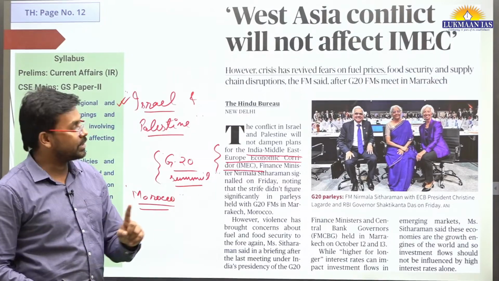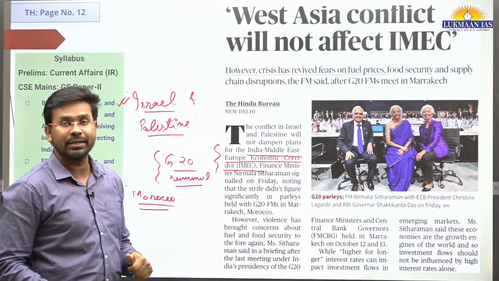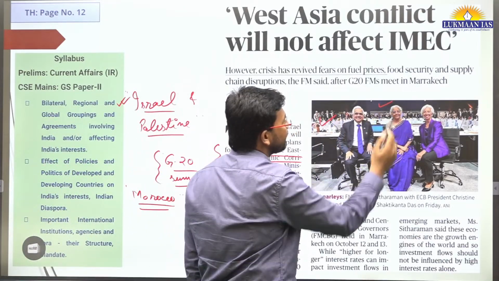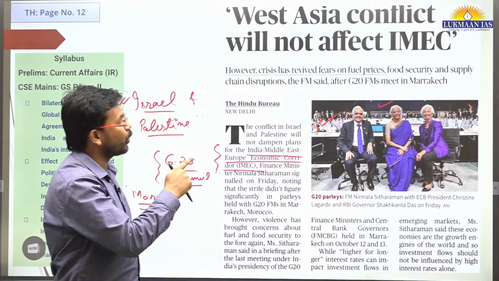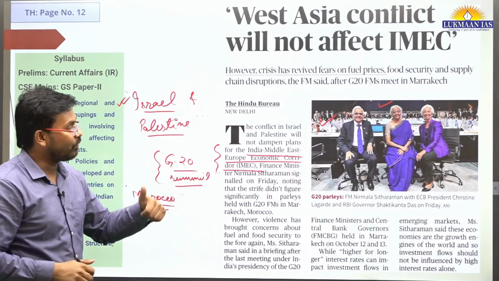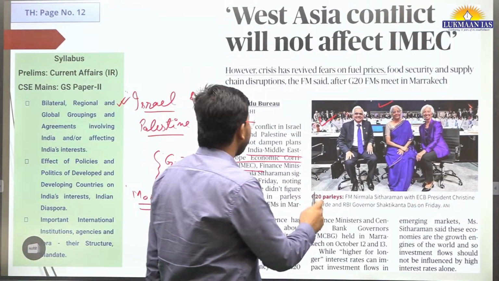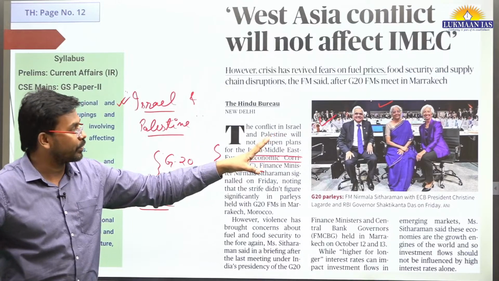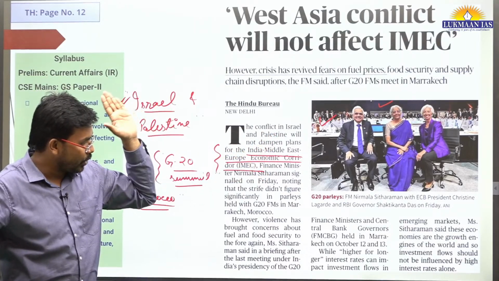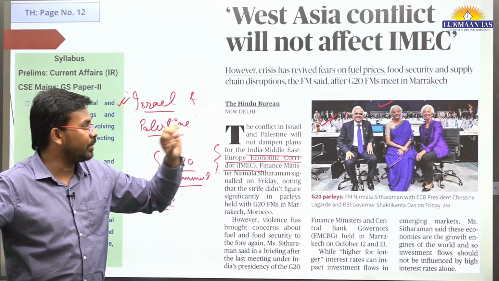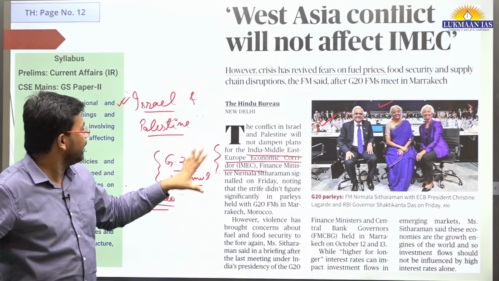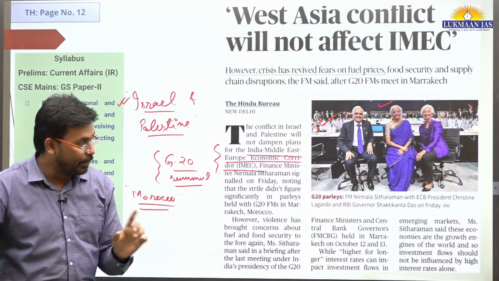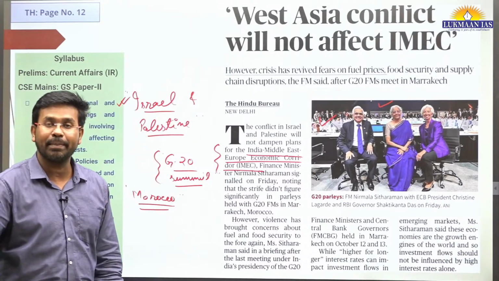Now the finance minister of India and the governor of the Reserve Bank of India, Nirmala Sitharaman and Shaktikanta Das, have visited Morocco and are attending the finance ministers' meeting of the G20 there. During that meeting, the finance minister said that this India Middle East economic corridor is not going to be affected by the ongoing conflict between Israel and Palestine.